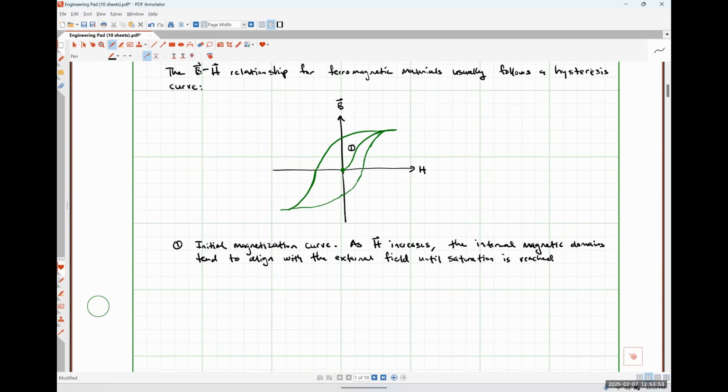And so we see that our B field saturates to some specific level where changing the current does nothing. So we're going to call this top level here B saturation. Okay. So this is the maximum amount of magnetic flux density that we can see in a given medium. Okay. And it's because, once again, we just can't get any more parallel than parallel.